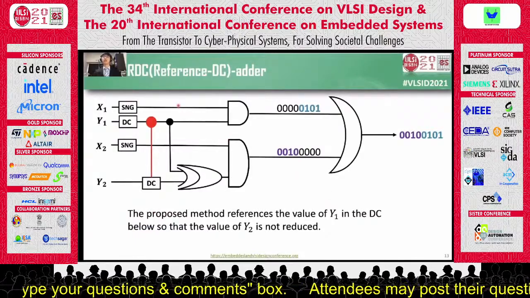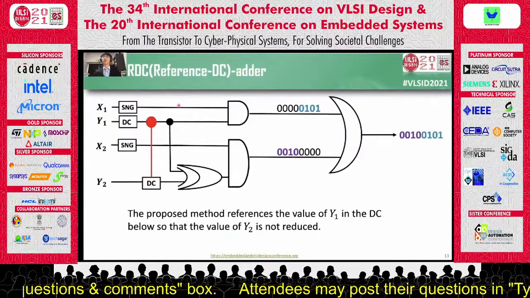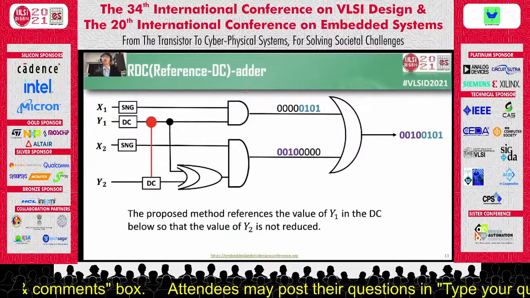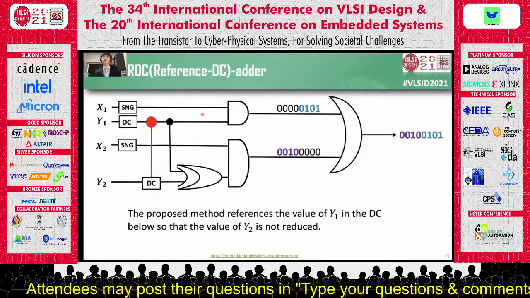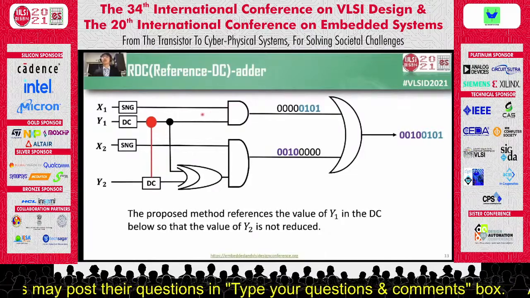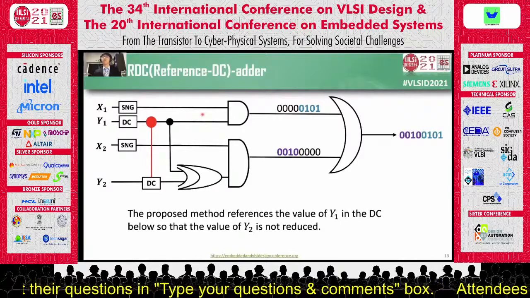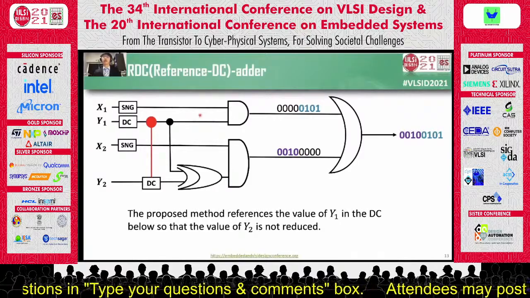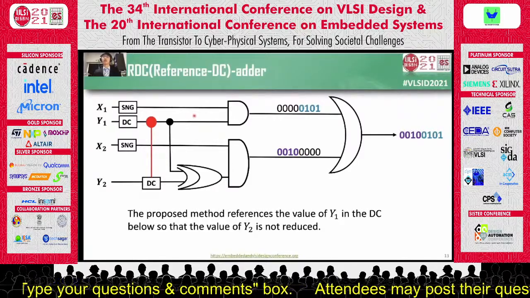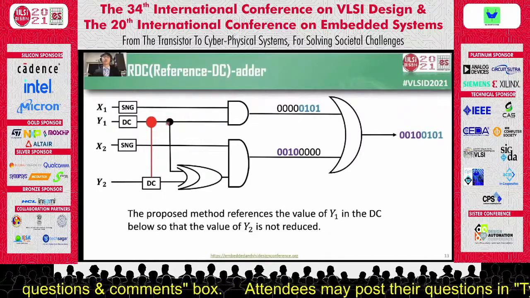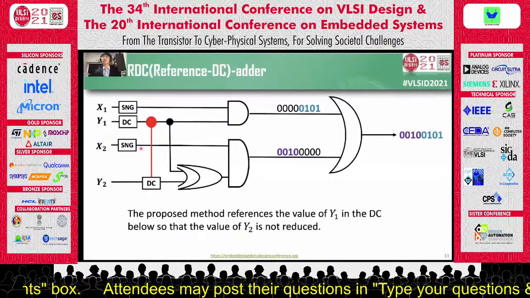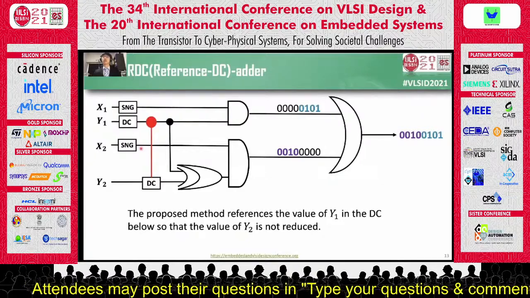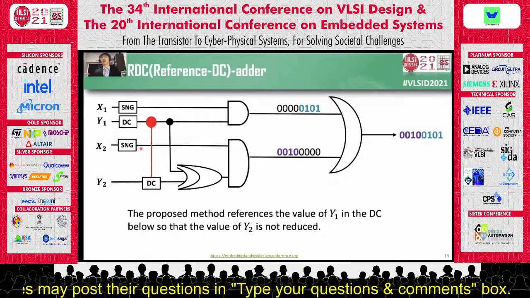Thus, I would like to explain our third proposal called the RDC adder. This is a method to reduce the hardware cost by eliminating the adder used at the input of the XOR adder. By referencing the value of the upper DC to the lower DC, we modify the lower DC so that the same function as the XOR adder is realized.